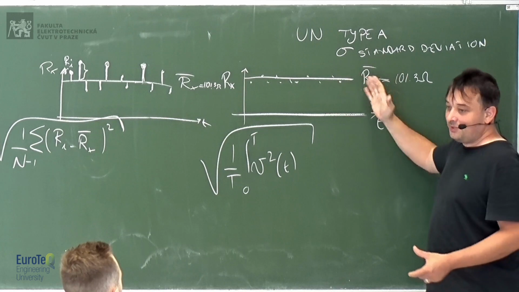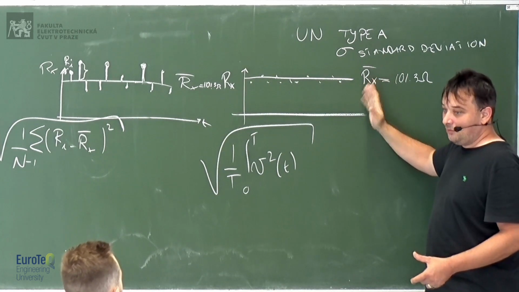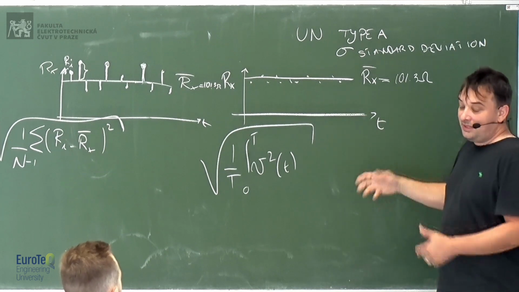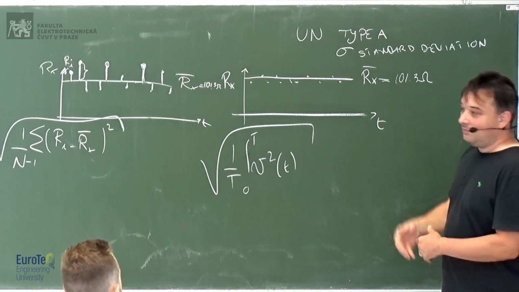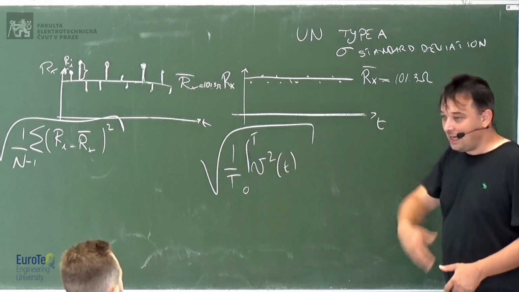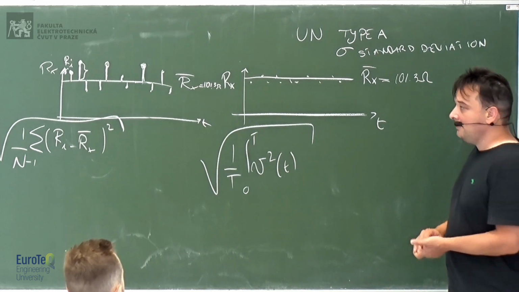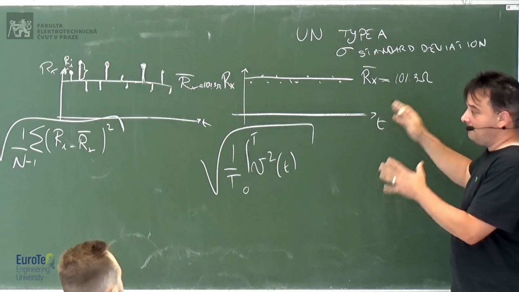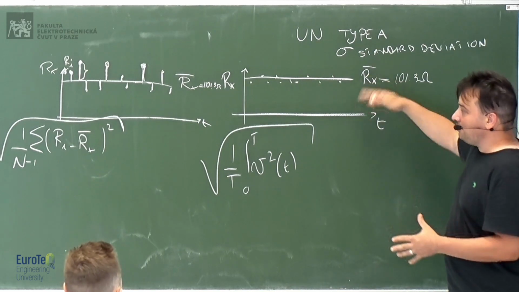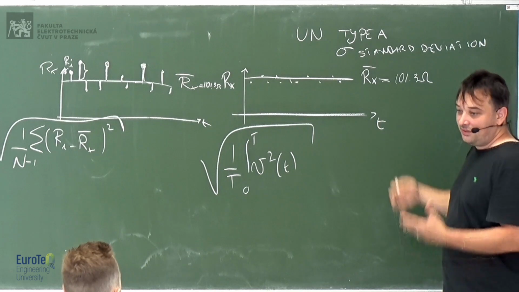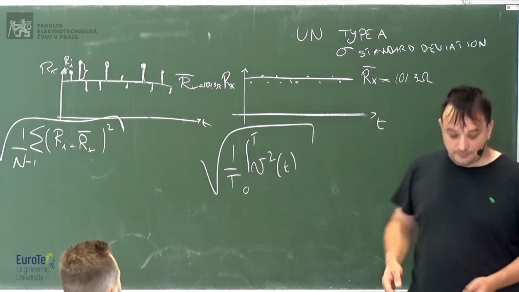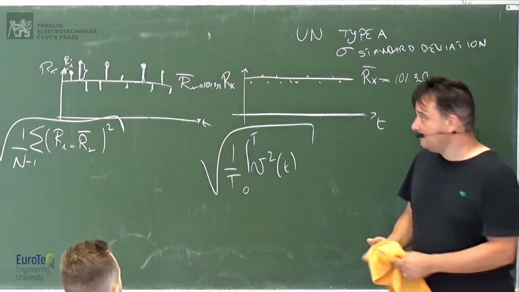Theoretically, or practically, the resistance is always the same, but you read something else because there is some interference, or maybe it's even conducted on the line. And therefore the device under test is always the same, but the result changes in time because of interference from other sources. Fine. This is type A.